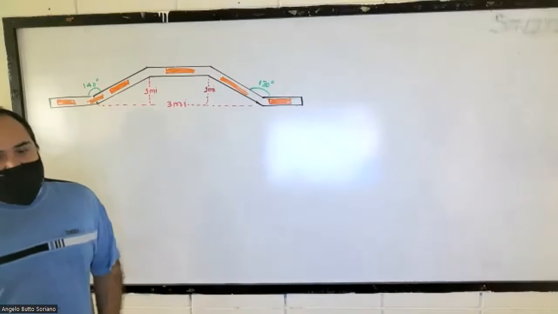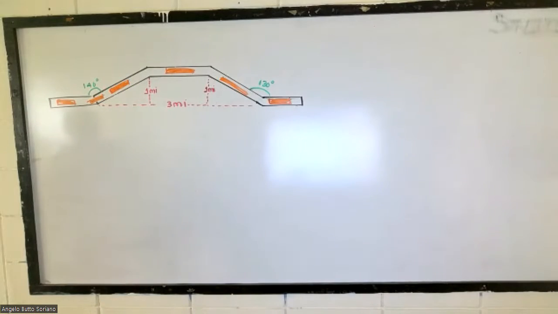All right. What we have to do in this situation. In this word problem, we have to look for what will be the length of the highway around the coast. Okay. So as soon as you can see, we must create two right triangles.